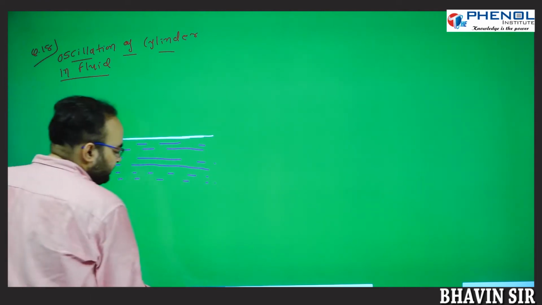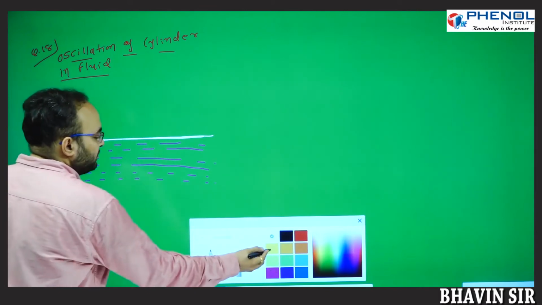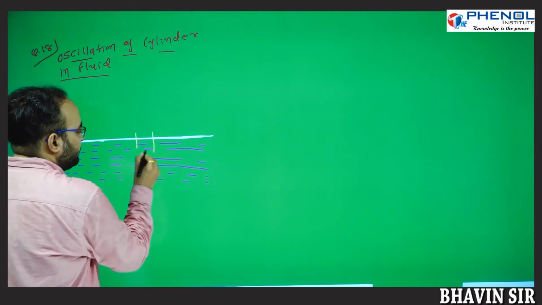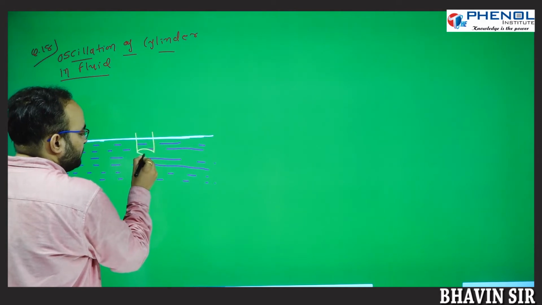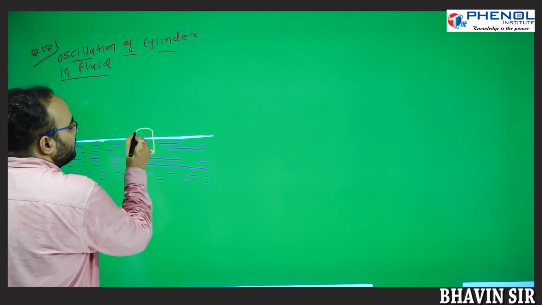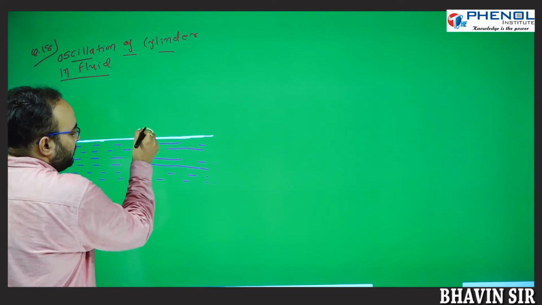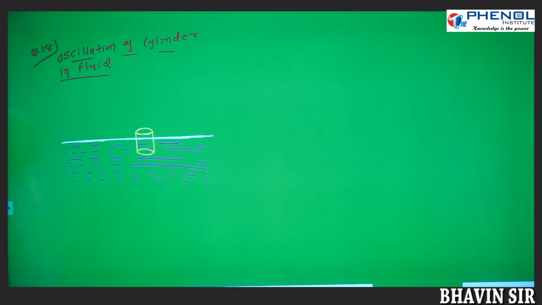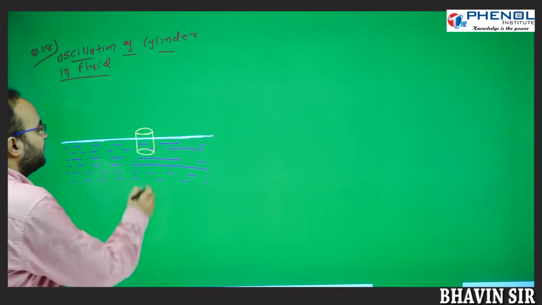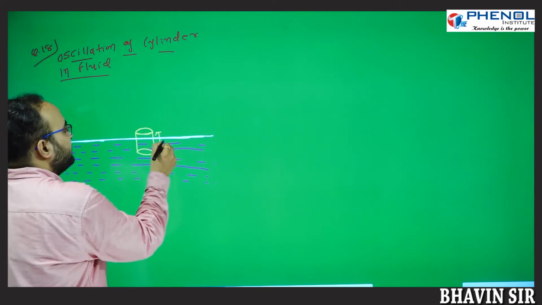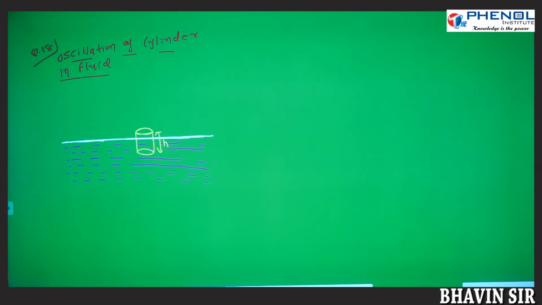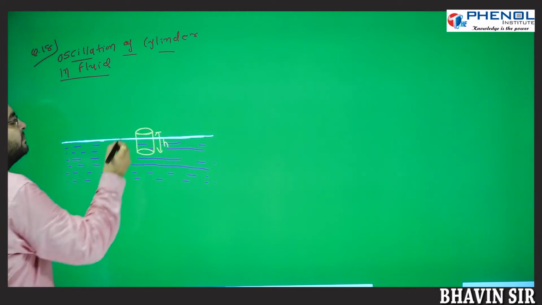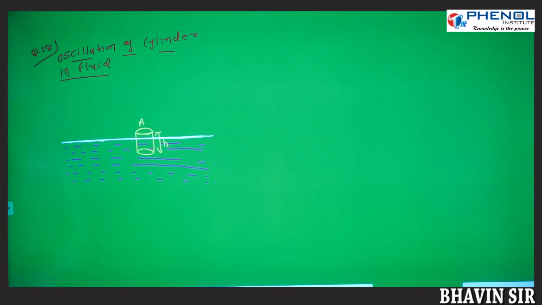Now suppose this is the cylinder. What is the height of the cylinder? H. And what is the area of cylinder?